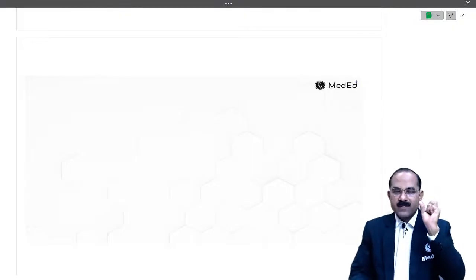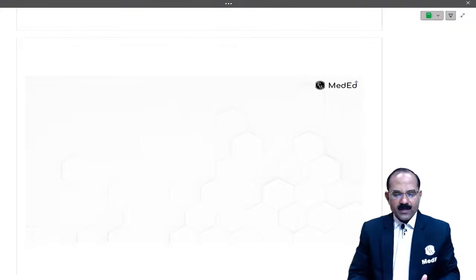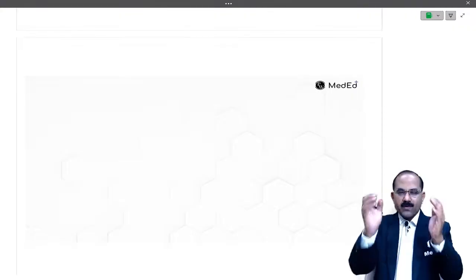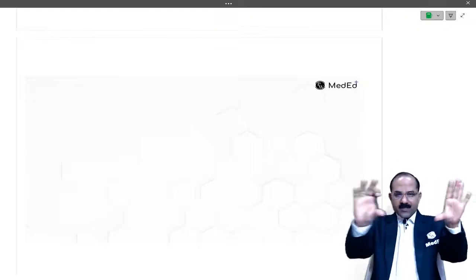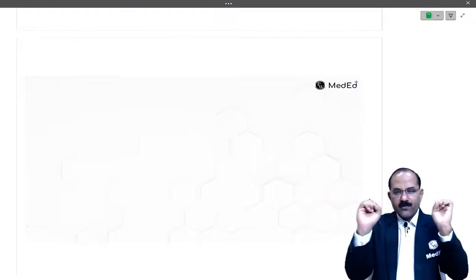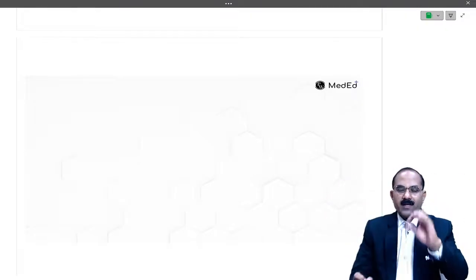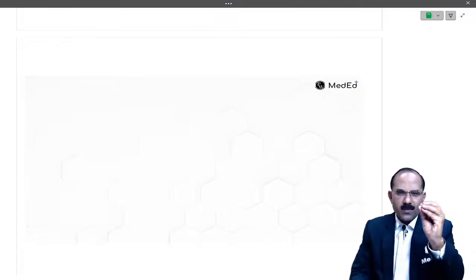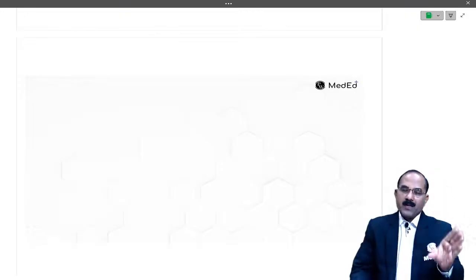What is the diaphysis? Can anyone tell me what is diaphysis? It's a part of the bone which develops from a primary center of ossification. Like first there's a plate of cartilage. In this plate of cartilage, the bone formation begins at one point. What is this point known as? The primary center of ossification.